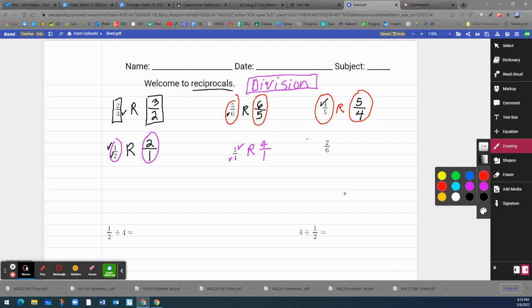And now we have identified the reciprocals for these numbers. 1/4 is the reciprocal of 4/1, and 4/1 is the reciprocal of 1/4. All right, one last one. The reciprocal of 2/6 is 6/2. The 6 becomes the numerator, and then 2 becomes the denominator.